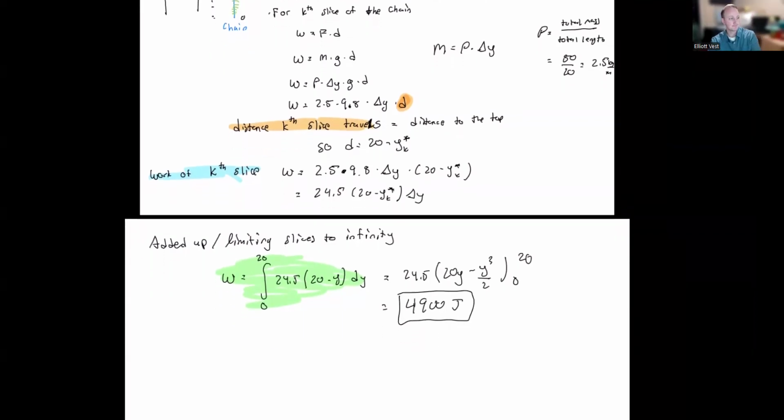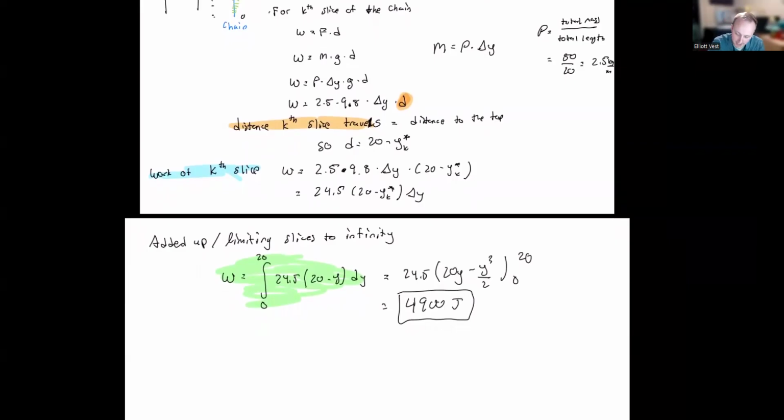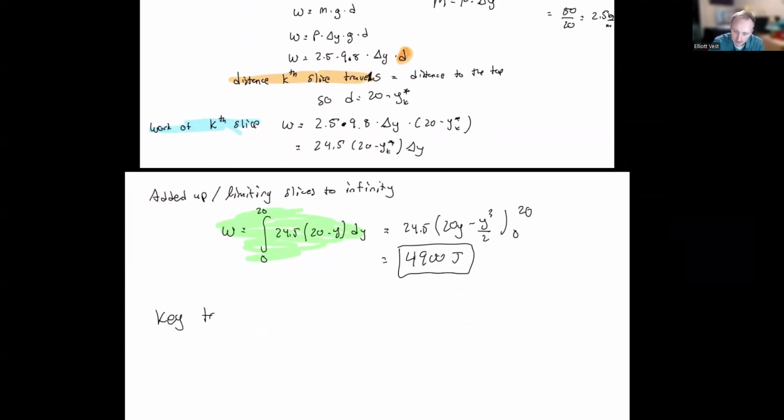And again, I'll say this again, the key takeaway here, I know I'm probably going to go way over my hour mark in total among all these lecture videos, but the key takeaway is that on each slice of the chain, work is equal to force times distance, because force is constant.